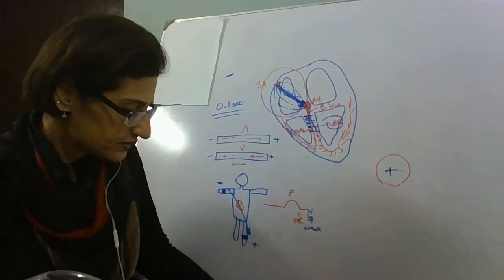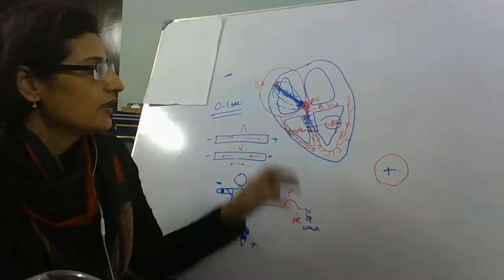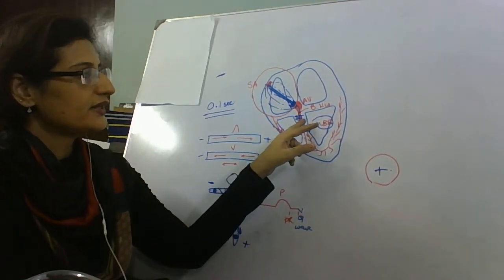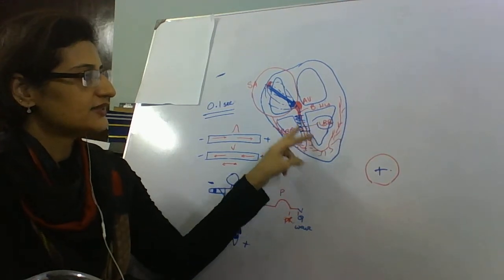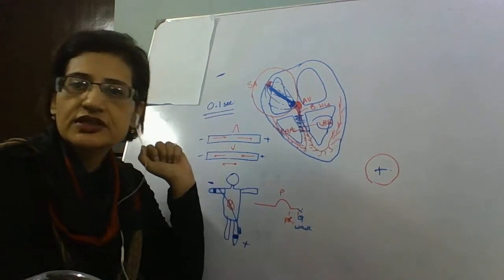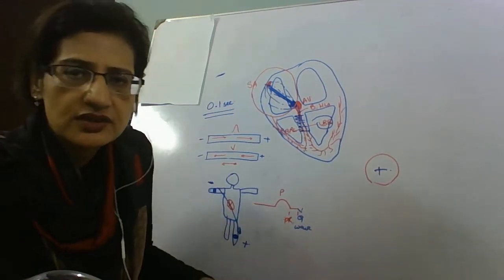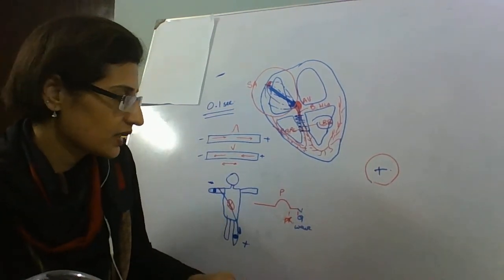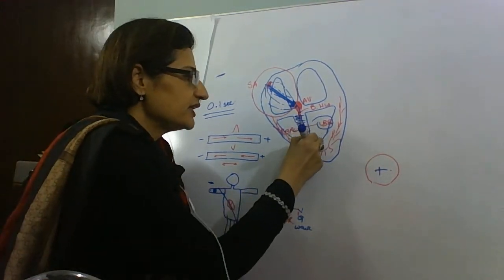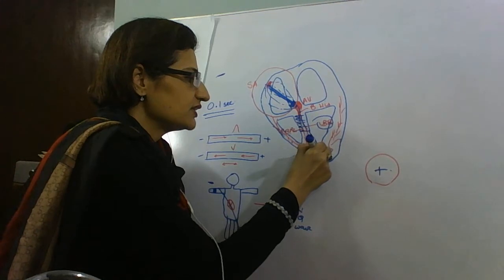The next step is that the impulses, following their flow from the right and the left bundle branch, go into the Purkinje fibers. These are fast conducting fibers. The Purkinje fibers start generating impulses in this way.